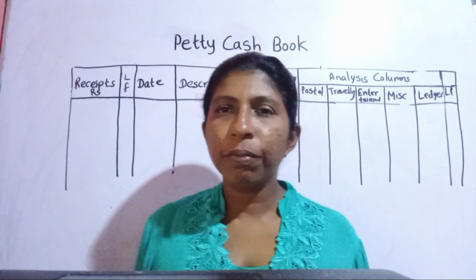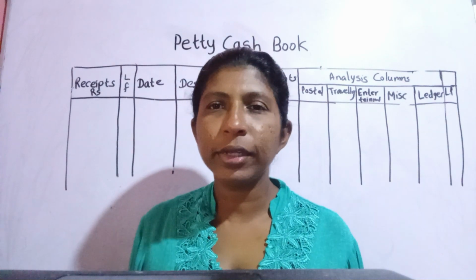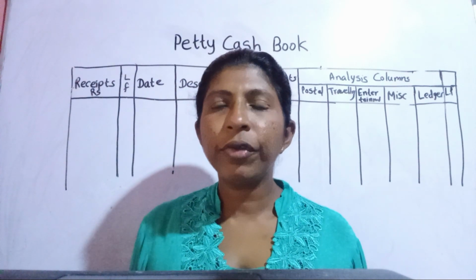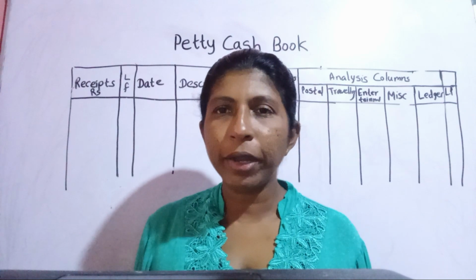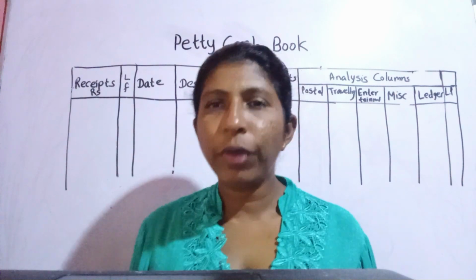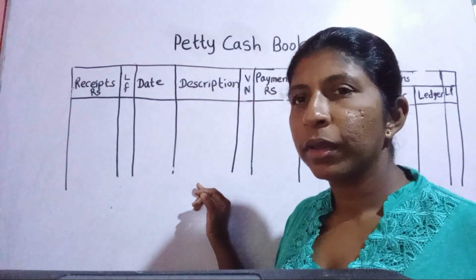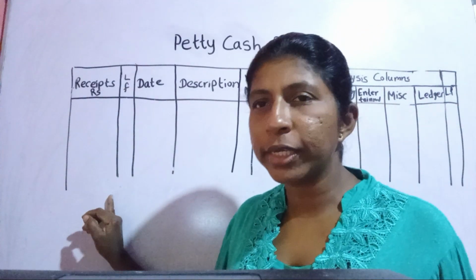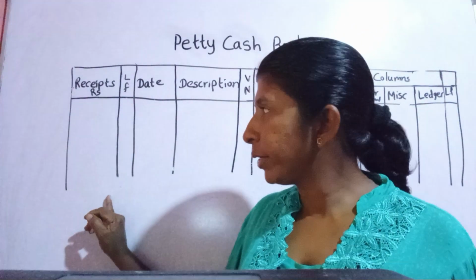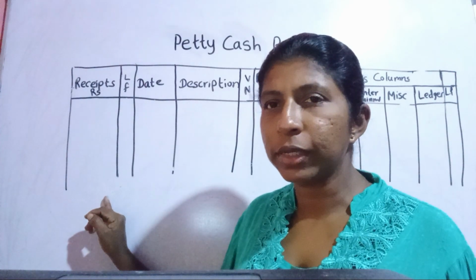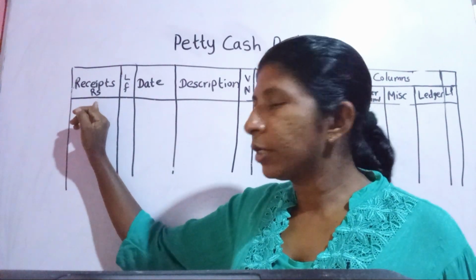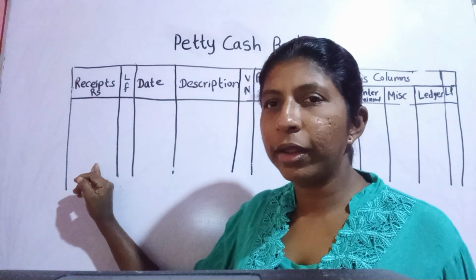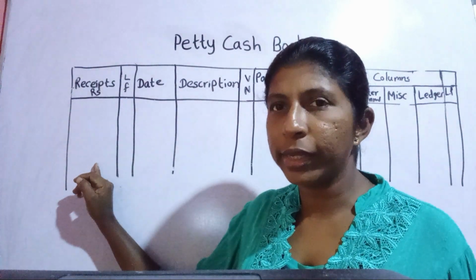Before recording transactions in a petty cash book, we have to study again the format of a petty cash book. You can see the format here. Our first column is the receipts column. As I explained in my last session, in this receipts column we write all receipts from main cash.